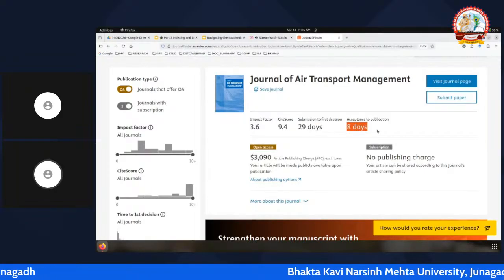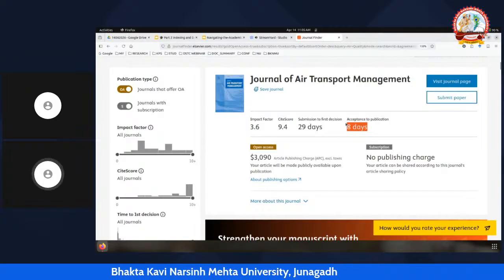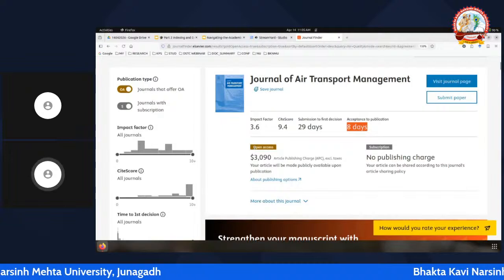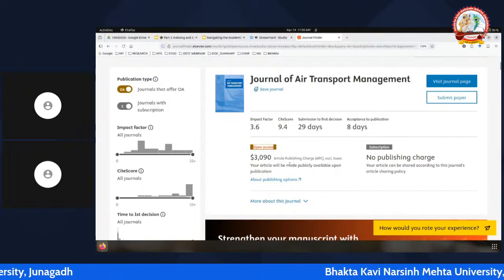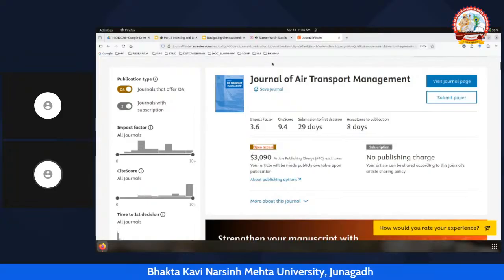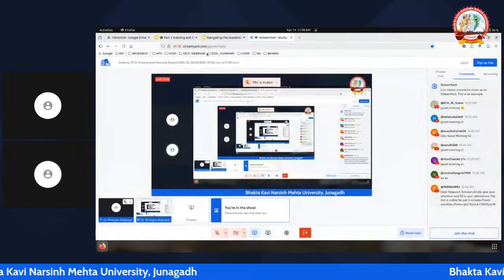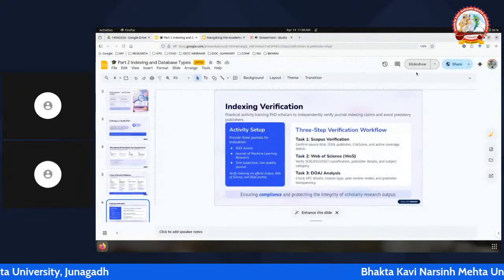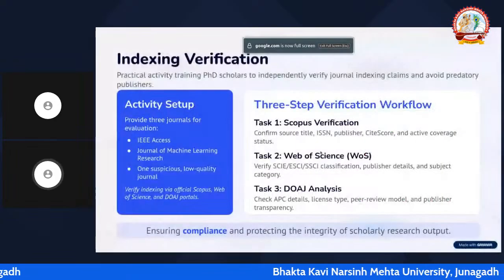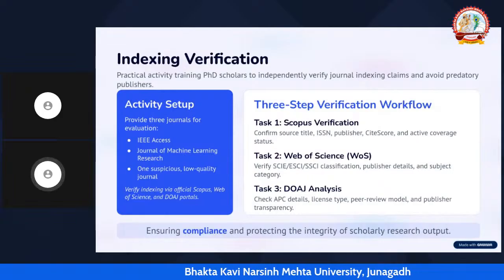If you are completing all the requirements, then within 8 days they will accept and publish. We have identified the APC, that also we will discuss in later slides. These are the data in which we can easily identify the journals. So come back to the session.